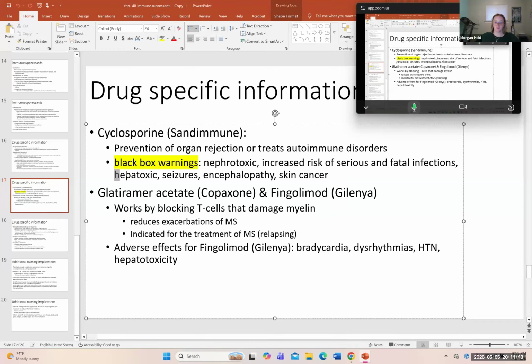It also causes liver failure, which we saw with the generic ones. So if you wanted to cross these ones out because they go with the rest of what everyone does, that's fine. They can also cause seizures, inflammation in my brain, or skin cancer. So all I want you to know for this one is the black box warning.